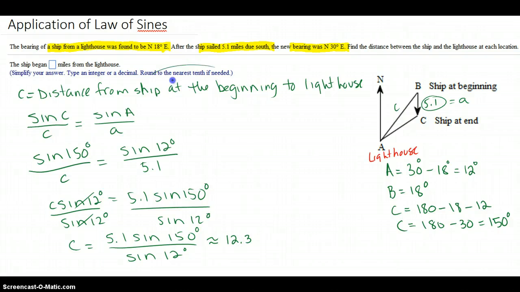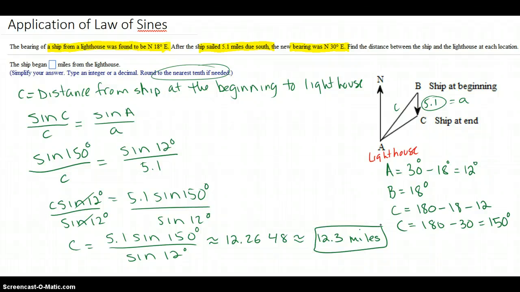It asks us to round to the nearest tenth. If you look at the number on your calculator, it's 2648 and so on, so to the nearest tenth is approximately 12.3. And that would be in miles, since the 5.1 was in miles as well.